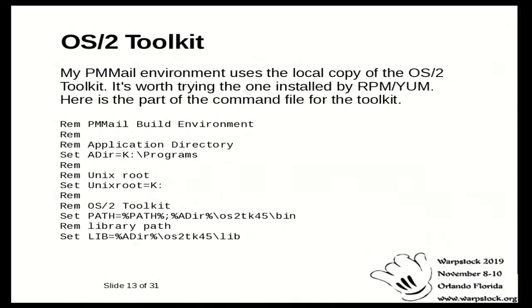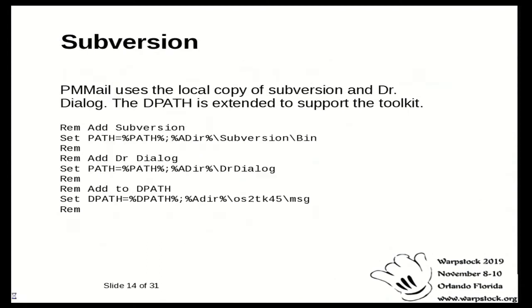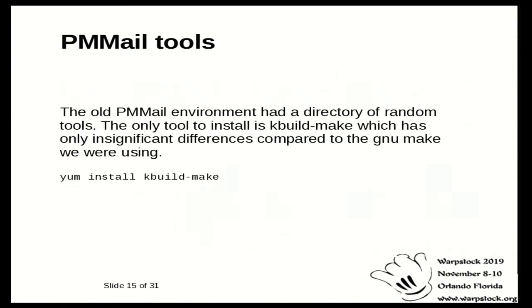And it sets various environment variables so that you can find the OS2 tools. And this is the way things used to be done. Just have an environment and keep adding to path, adding to lib, adding every tool that I need step by step through the batch program until I have the entire build environment.